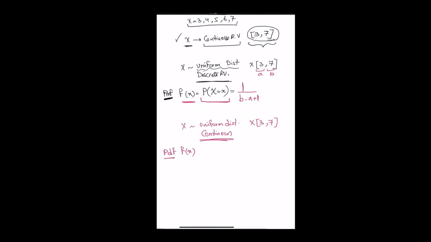And f of x, if I want to calculate it, is 1 over b minus a, which is 1 over 7 minus 3, which is 1 over 4.